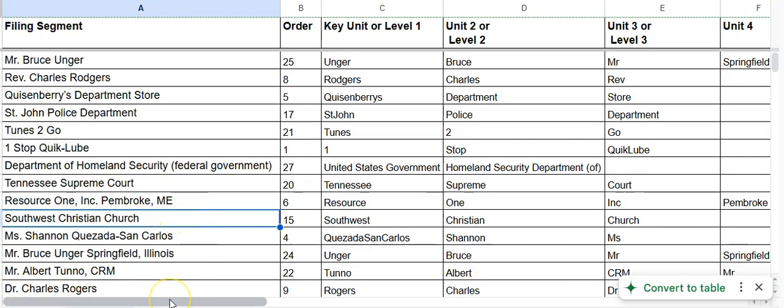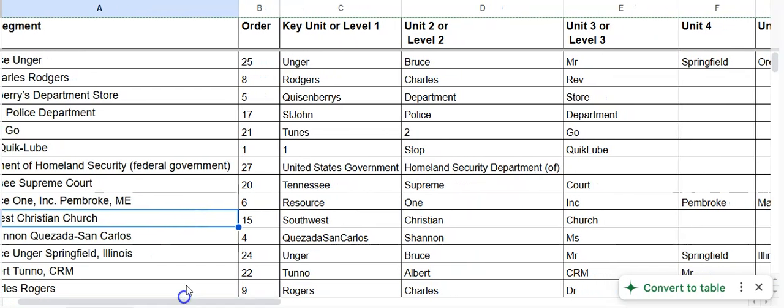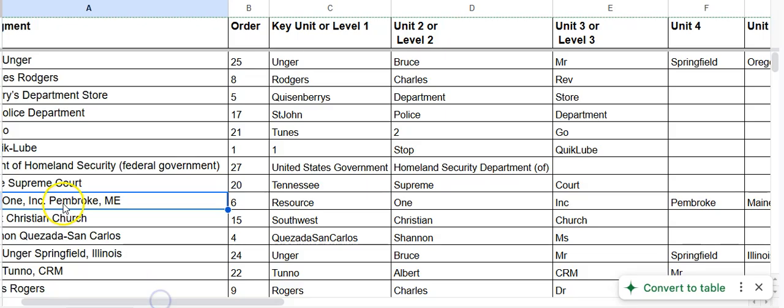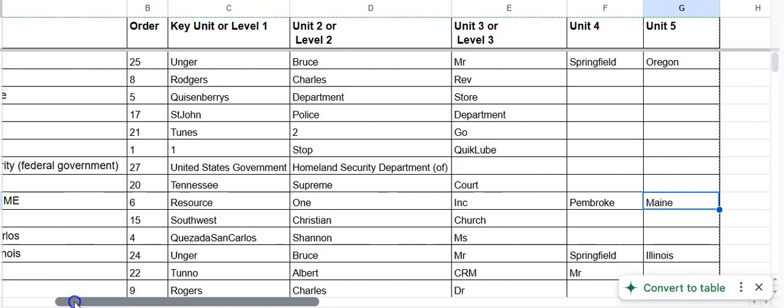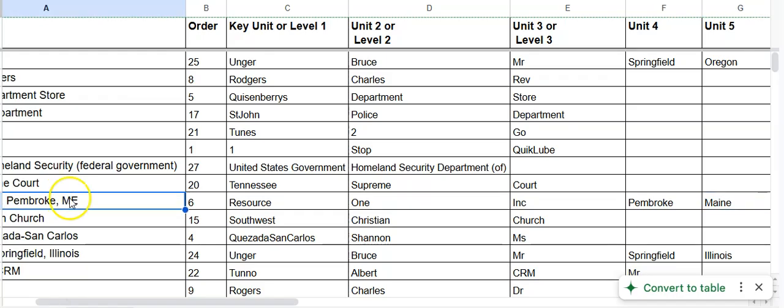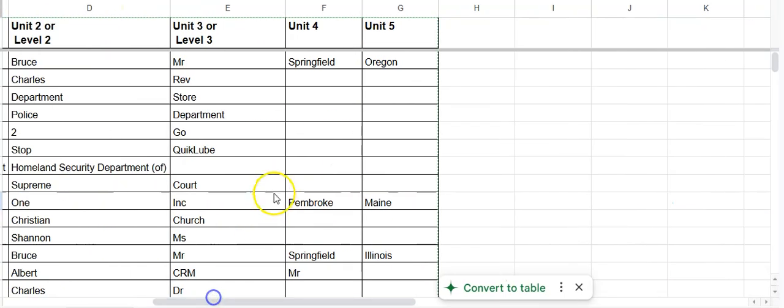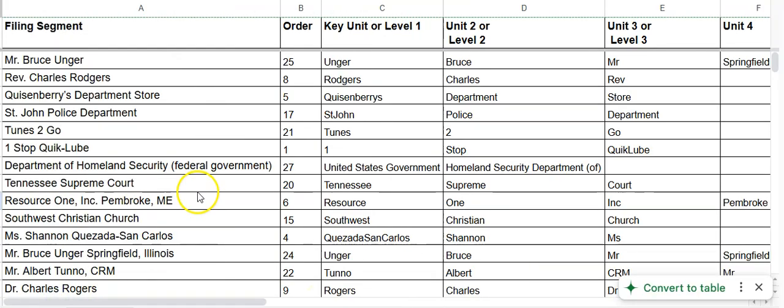So if you recall from the rules, even though Maine just has the abbreviation, when you're indexing the city and the state, you need to write out the state's name in full. Okay, and there's going to be instances where you just have HI for Hawaii. Remember to write that out as Hawaii. Don't just use the abbreviation.